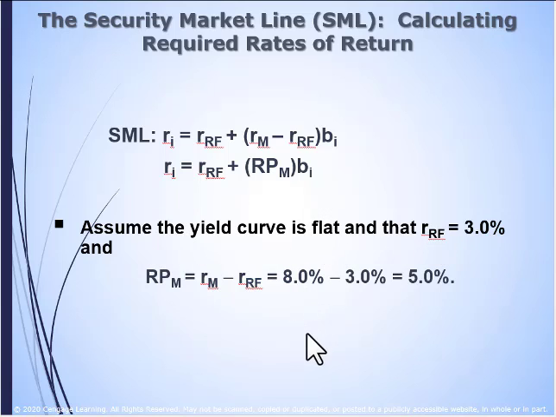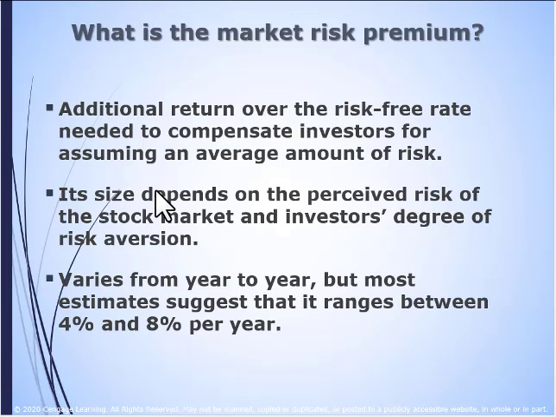The risk-free rate is 3%. If the stock market makes 8%, the risk premium is 5%. So the formula says 3%, the risk-free rate, plus 5 times beta, and that measures the rate of return that you require from this investment.